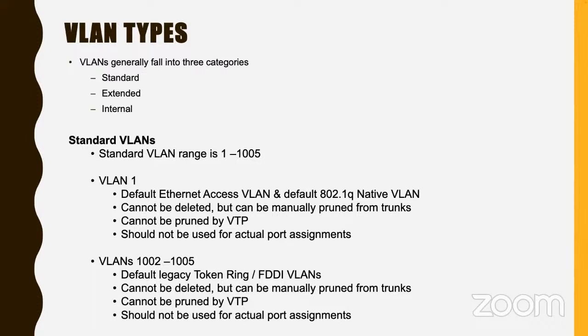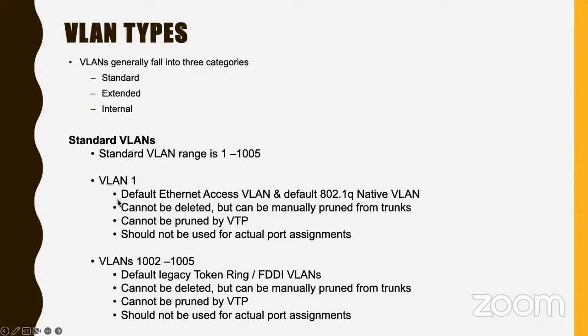Rather, if there is a mechanism wherein I configure all those 10 VLANs on one switch, and that will relay or broadcast that configuration of 10 VLANs onto all the 50 switches, that's the purpose of VLAN Trunking Protocol, VTP. Whatever VLANs I configure on my VTP server, VTP clients will automatically learn them using this protocol.